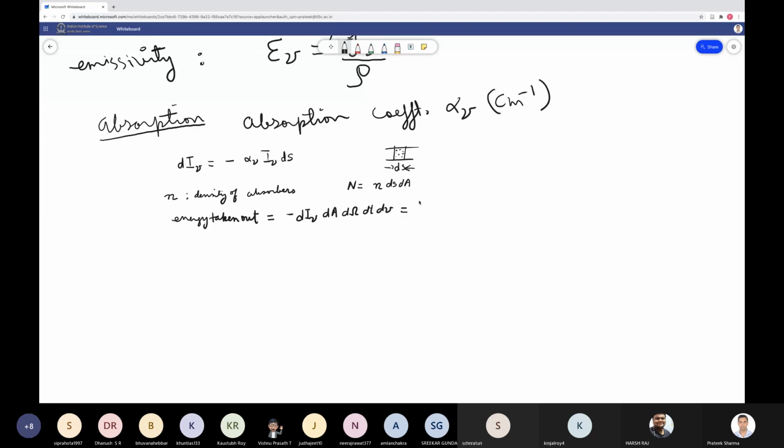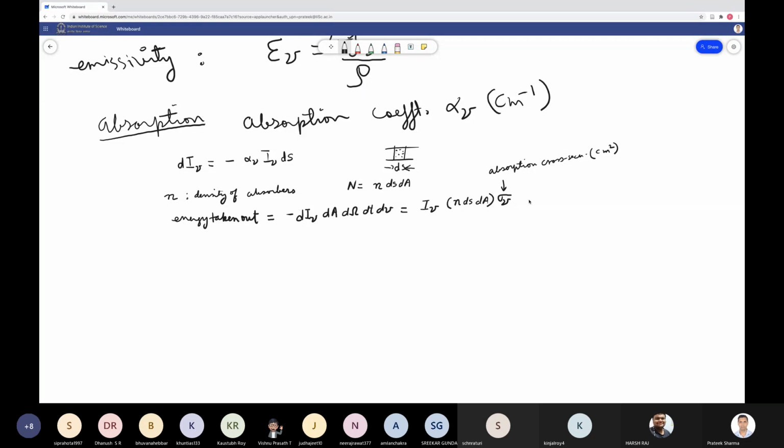This is equal to I nu times the number of absorbers, which is n ds dA, the number of absorbers along the line of sight, times sigma nu. This is the absorption cross-section, which has units of centimeter square.